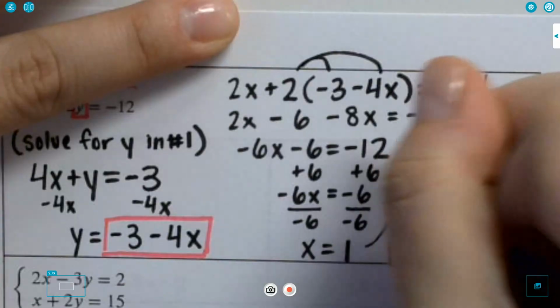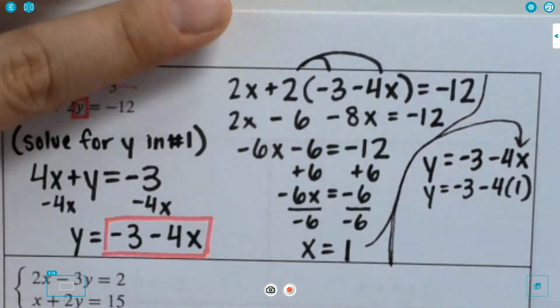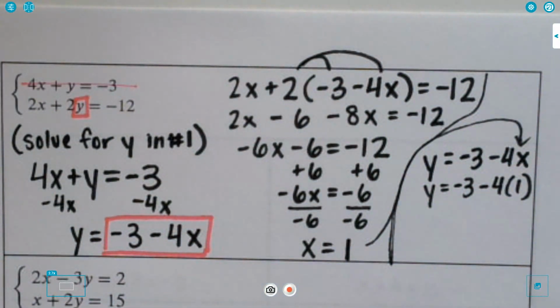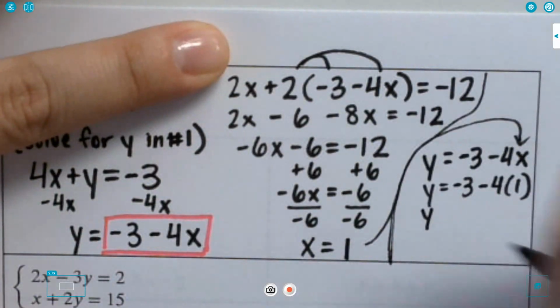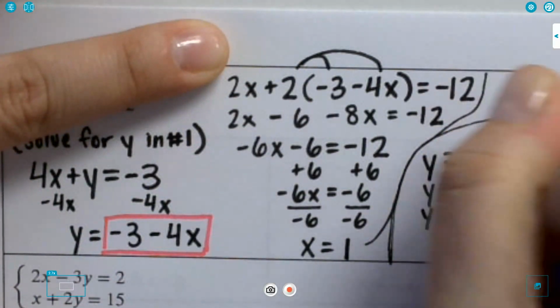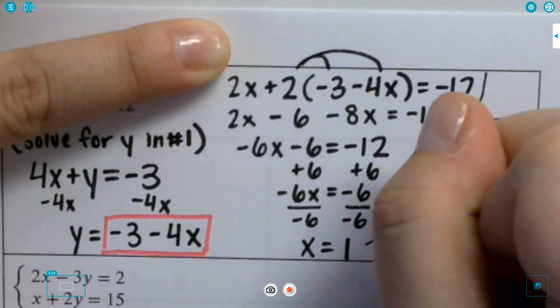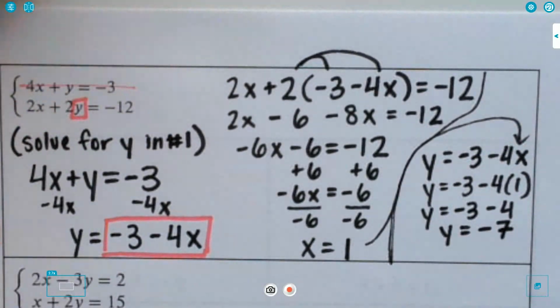So it's going to be y equals negative 3 minus 4 times 1. Negative 4 times 1 is negative 4. So this is just going to be negative 3 minus 4. And then negative 3 minus 4 is negative 7. So y equals negative 7.